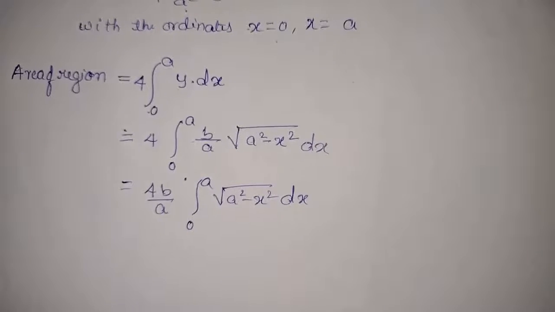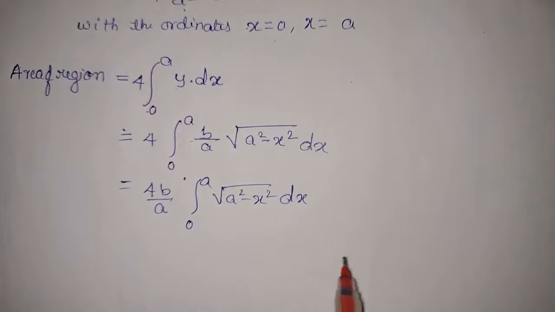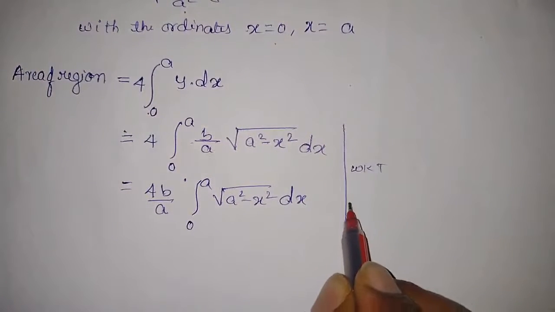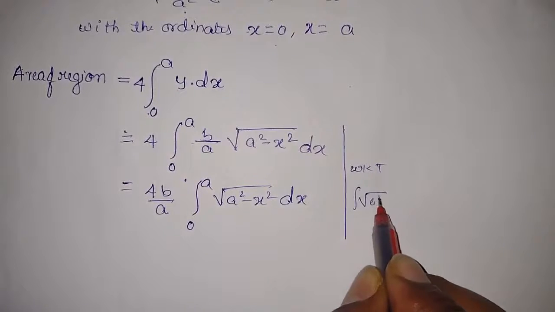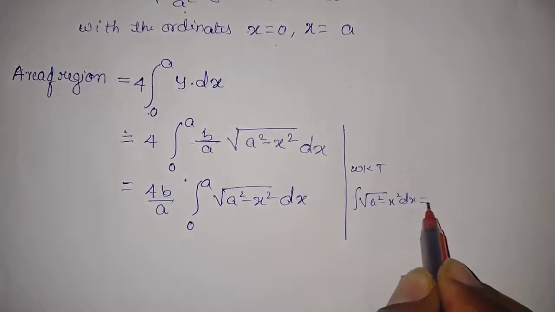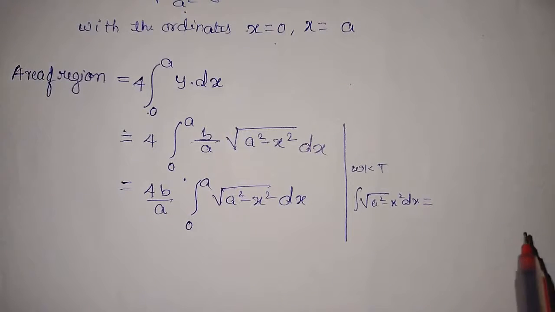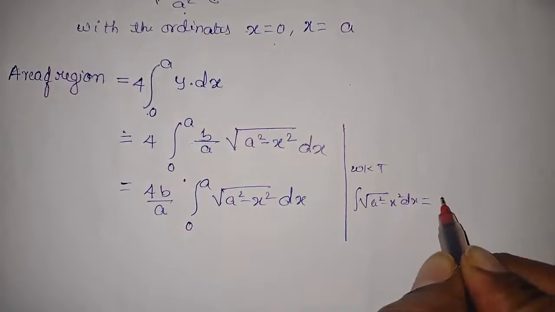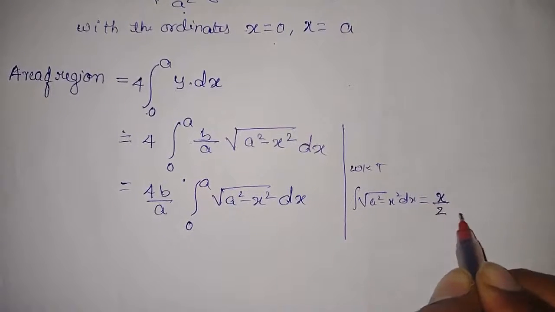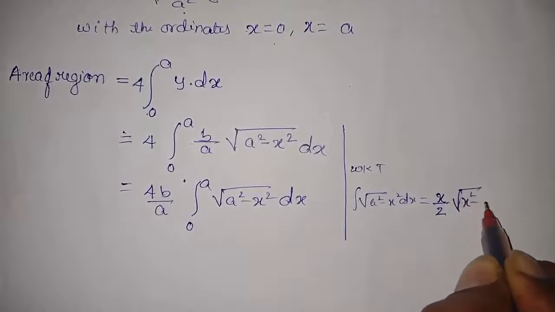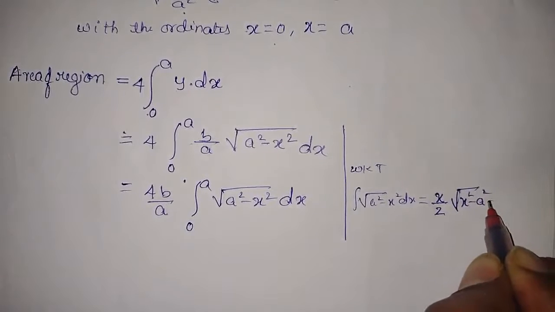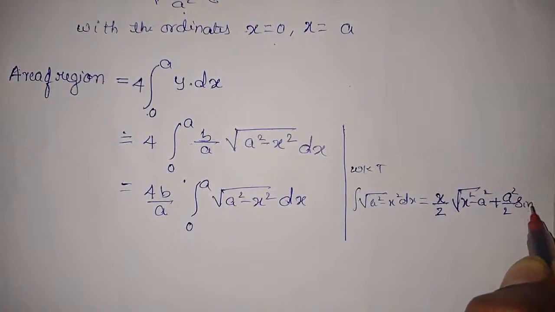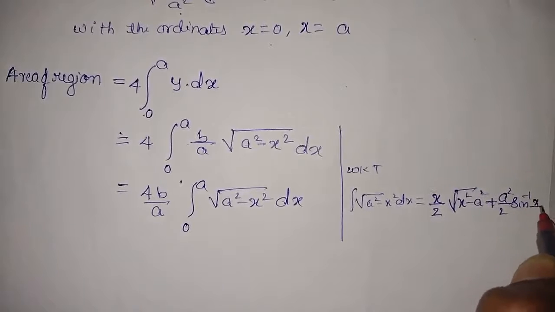What is the formula for integration of root of a square minus x square dx? We know that it is equal to x by 2 root of a square minus x square plus a square by 2 sine inverse of x by a.